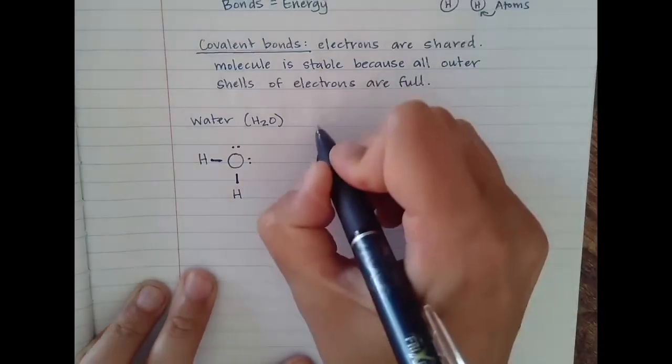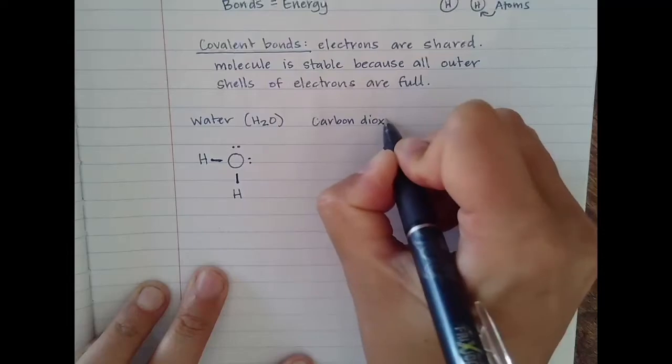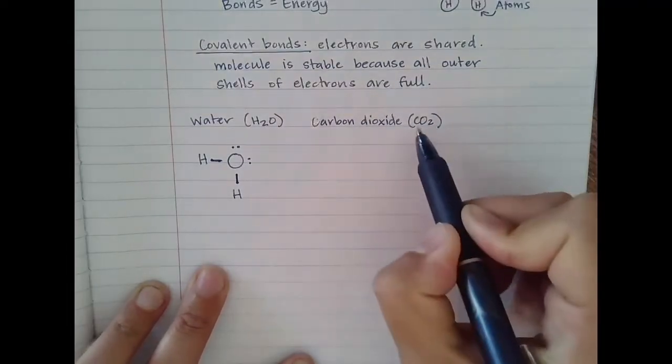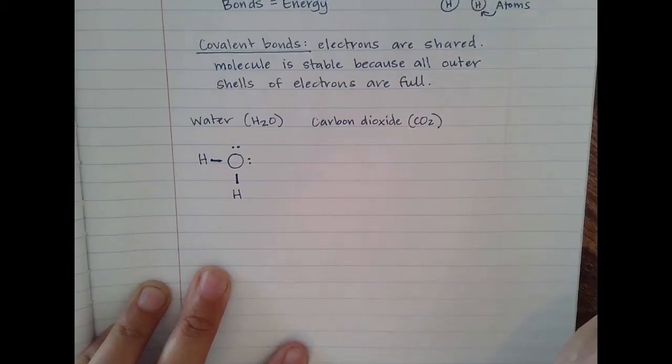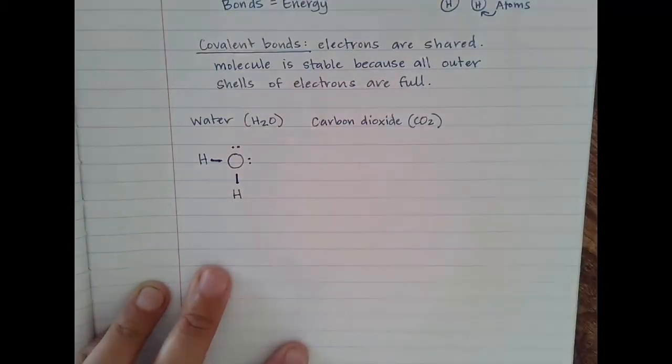Let's look at carbon dioxide. Carbon dioxide, CO2. So there is 1 carbon, 2 oxygen, that's what that little 2 means, in this molecule. This time I'm going to start with carbon because carbon has more openings in its Lewis diagram.